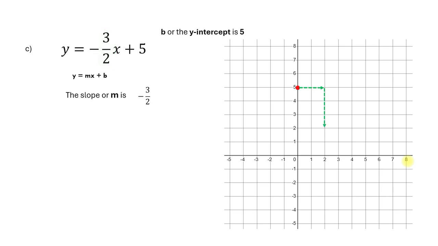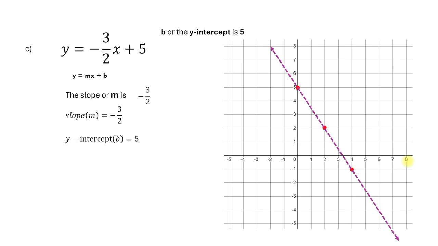Arriving at this point, we'll plot that and do the same again. A run of 2, a rise of -3, plot the point that we arrive at, draw a line through the 3 points, and this is what our graph of -3/2 x plus 5 looks like. Our slope is -3/2, and our y-intercept is 5.